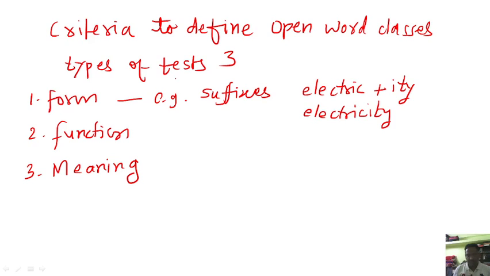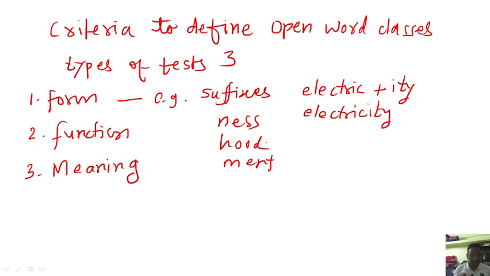There are so many suffixes. I've already time and again referred to it. For example, ness, hood, ment. When you see the spelling of the word, you easily understand that this is a form which can tell us that it is a noun.